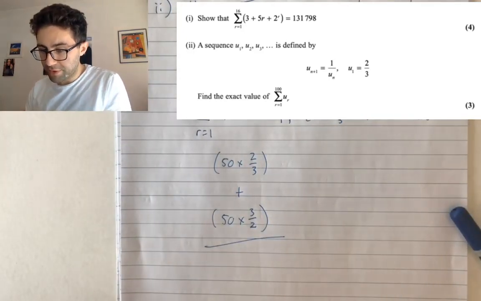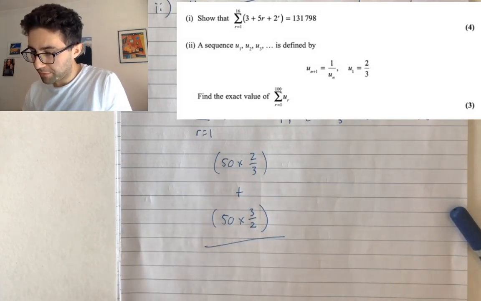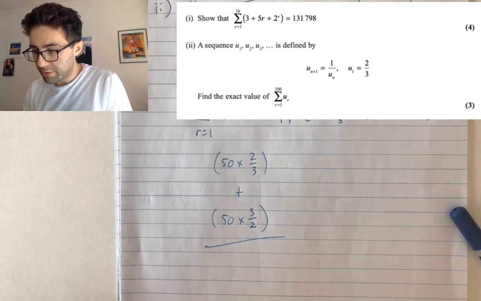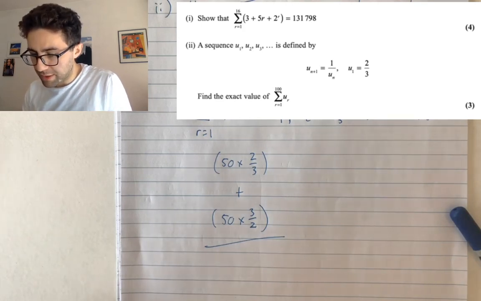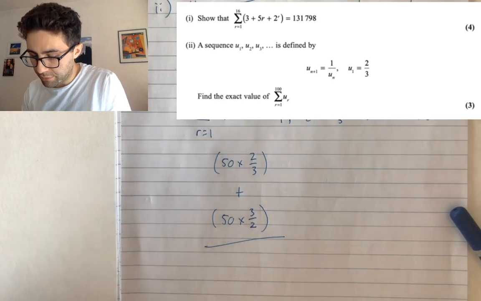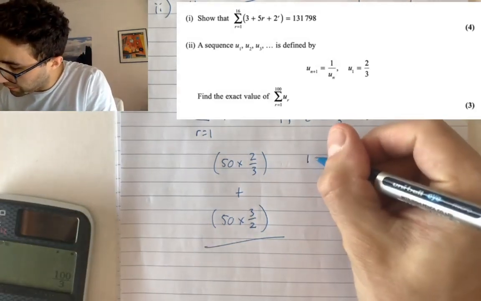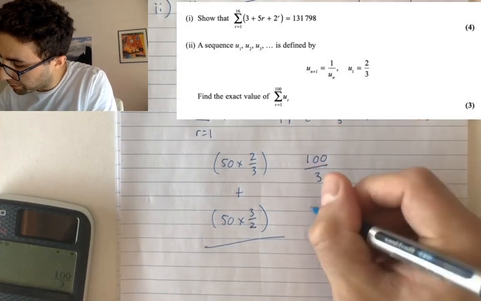Calculator fun and happiness. Plus 50 times 3 over 2. The results are in, well, let's just try it again to make sure I did it okay. 50 times 2 over 3 looks like it's 100 over 3.